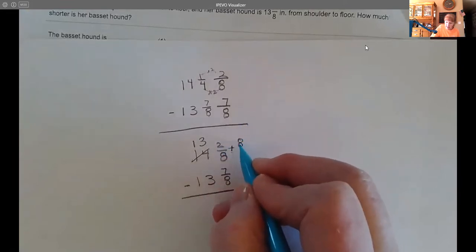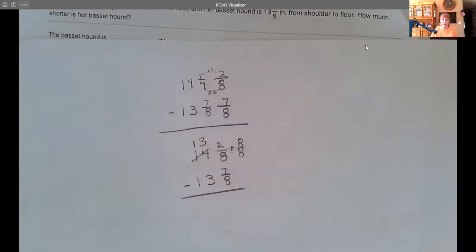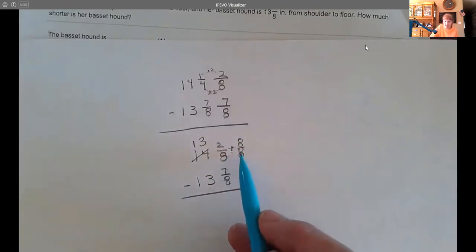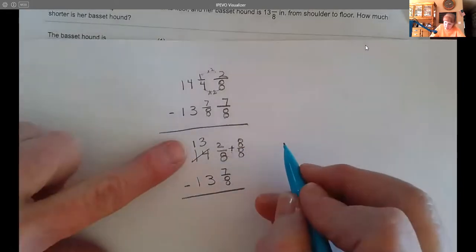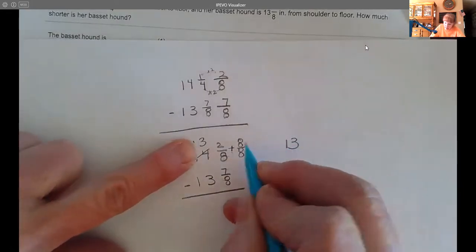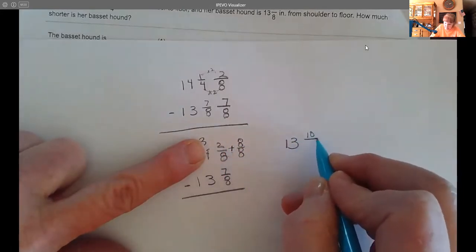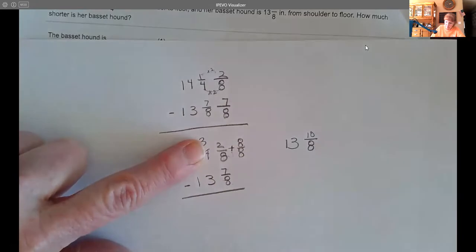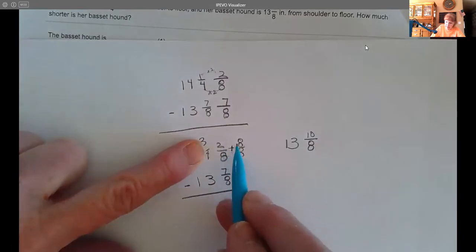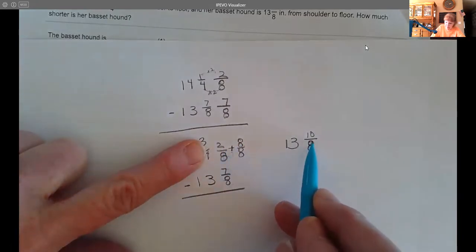I'm going to add 8/8. I'm going to write the 1 as an 8/8 because I want the denominators to match, which gives me 13, and that'll be 10/8. So 2/8 plus 8/8 is 10/8.